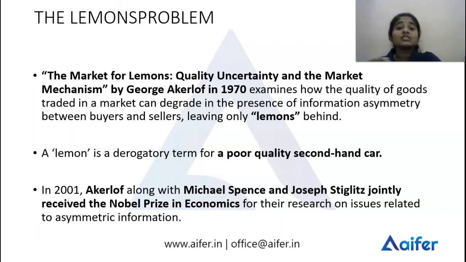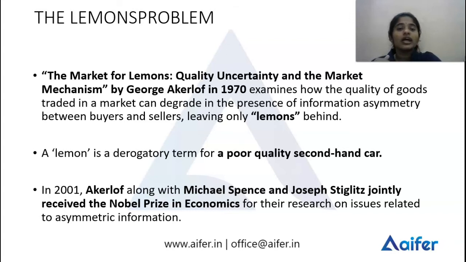Sellers will be selling different quality products, right? The sellers who are selling low quality used cars will be getting more profits. For the sellers who are selling high quality used cars, it is not at all profitable, because the buyers are only paying the price of an average quality used car.